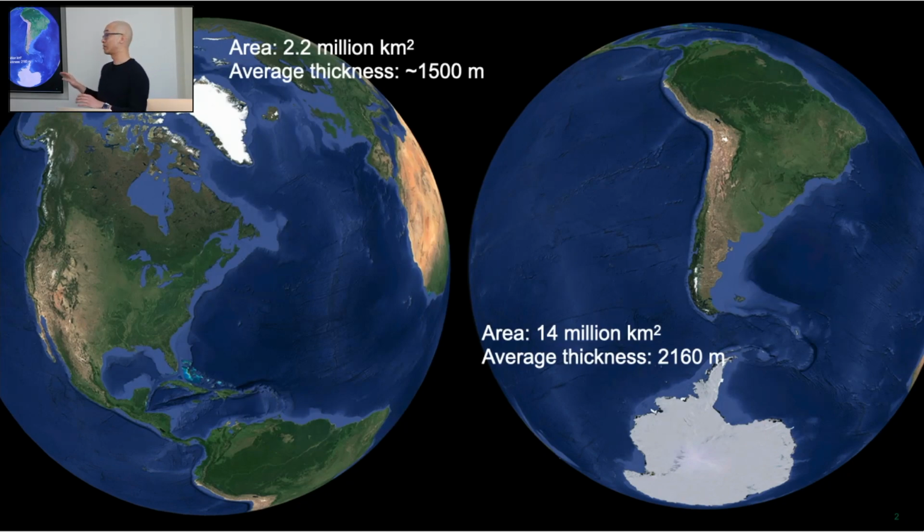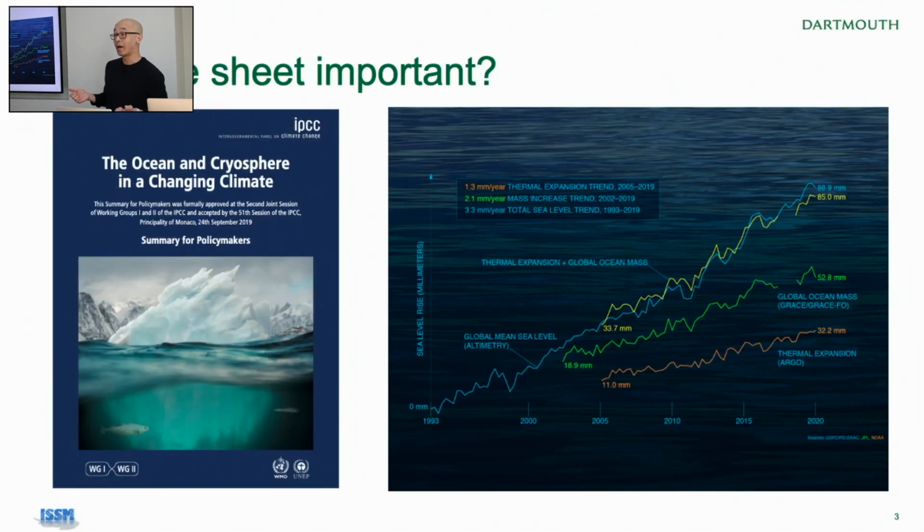The estimate of sea level rise contribution if the two ice sheets melt totally will be 70 meters for Antarctica and 17 meters for Greenland. That's why we care so much about simulating the ice in climate modeling.